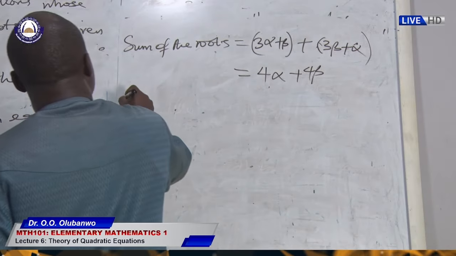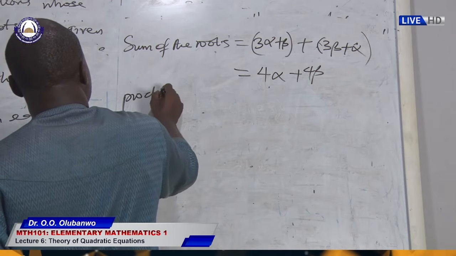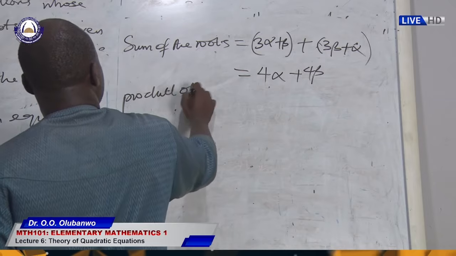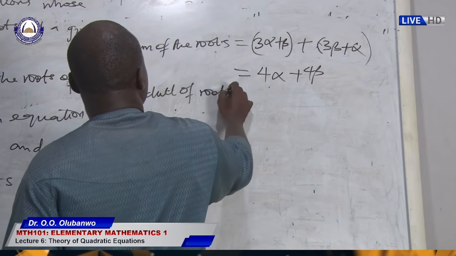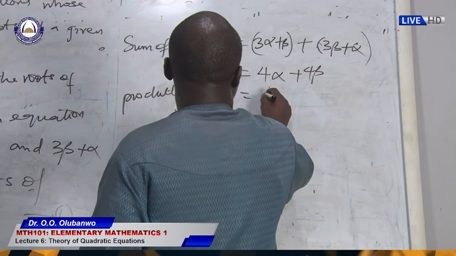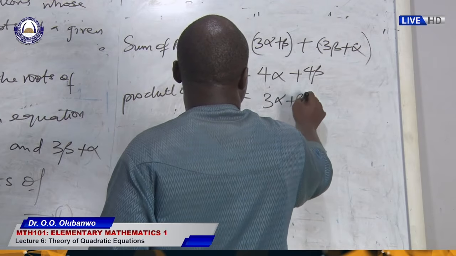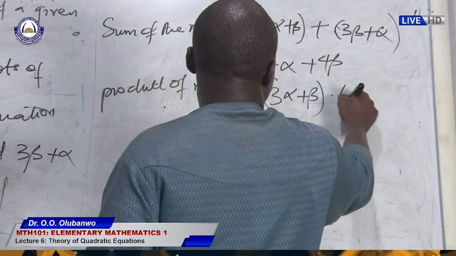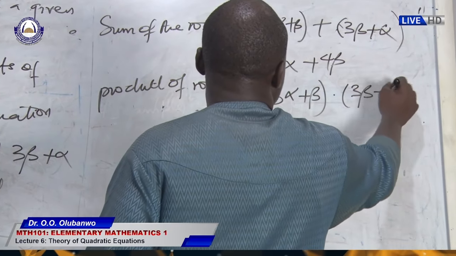Now, the product of roots will be 3 alpha plus beta times 3 beta plus alpha.